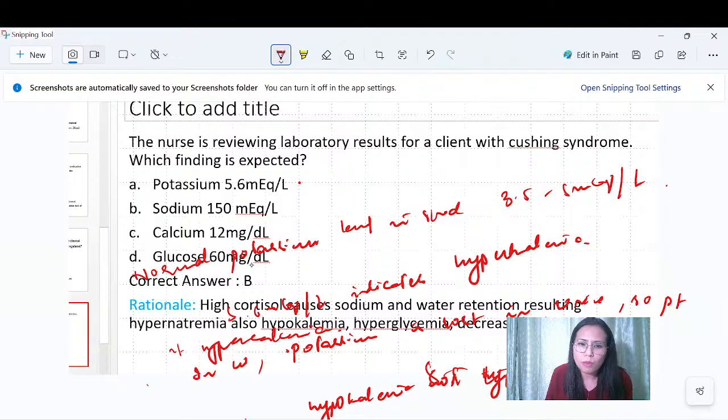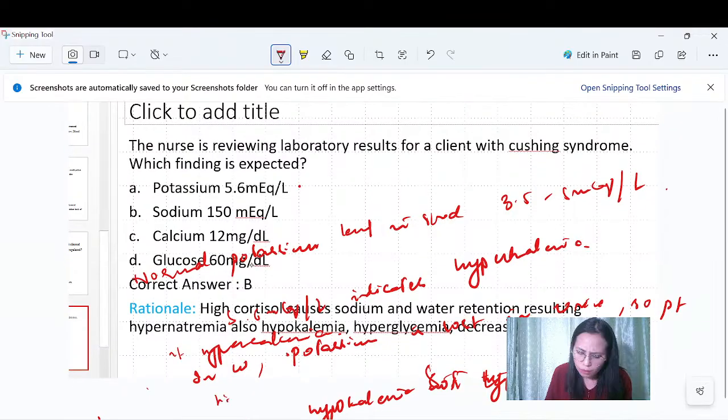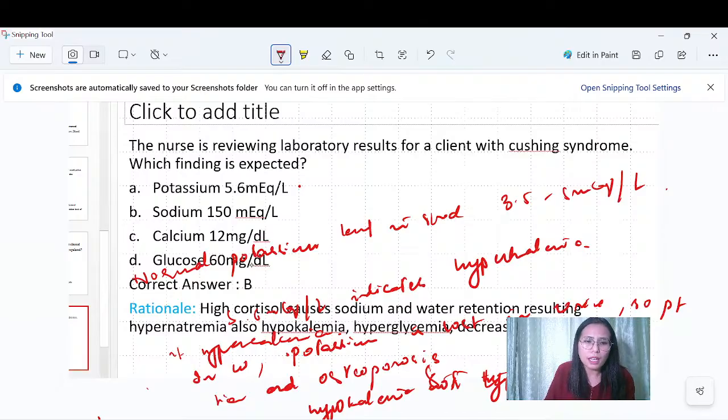Cushing syndrome is more associated with bone resorption and osteoporosis. But calcium of 12 mg per dL indicates hypercalcemia. It is not a typical expected finding.